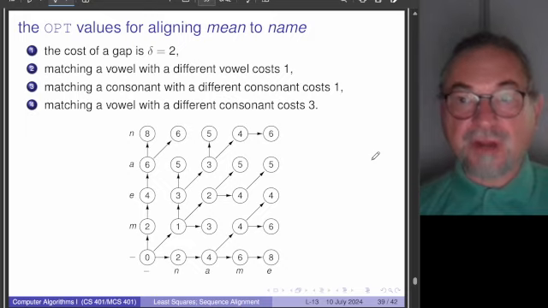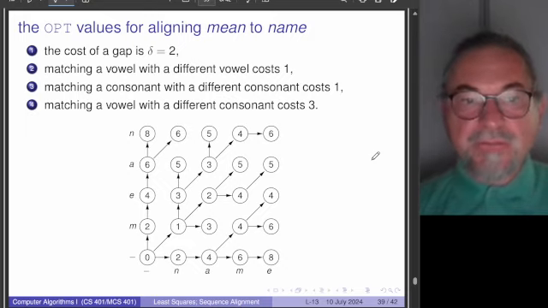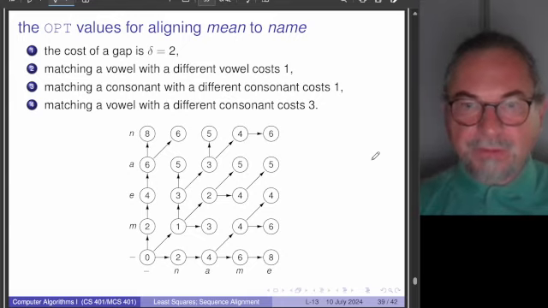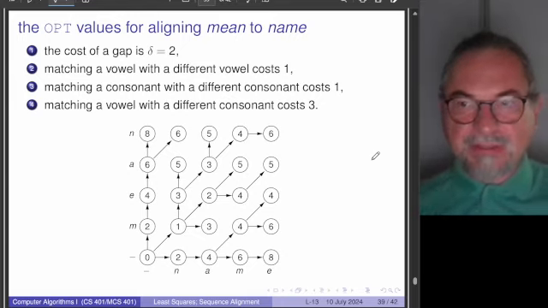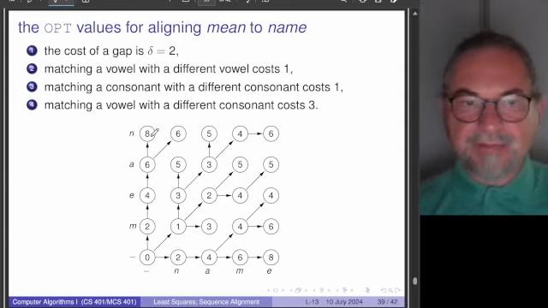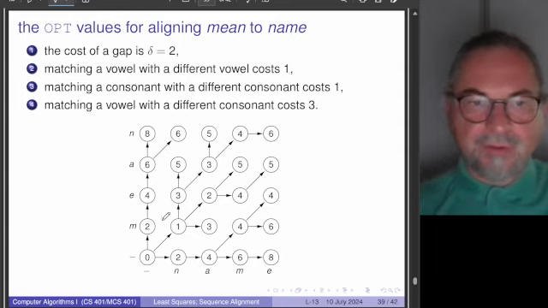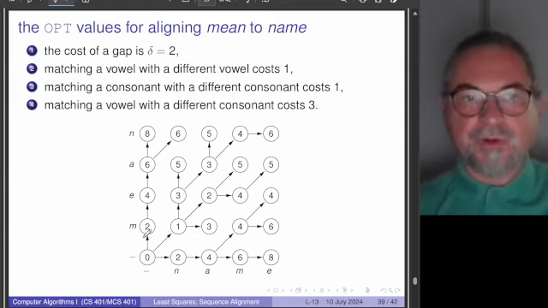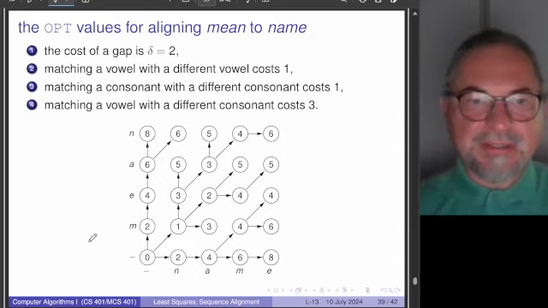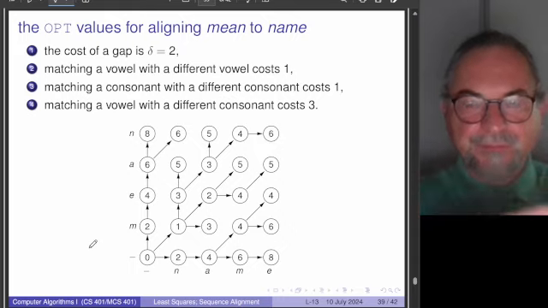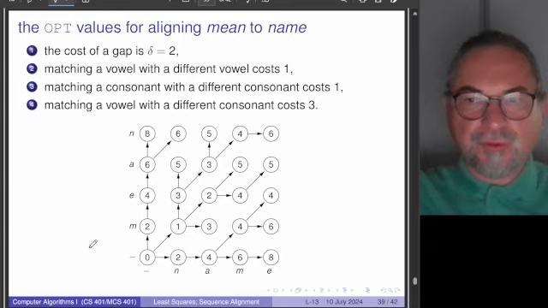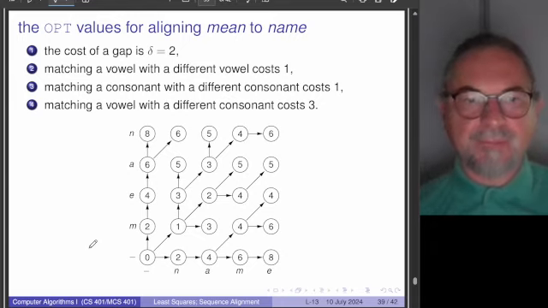So that incurs the highest cost. So if you insert only gaps, then you incur the cost 8 by the 4 gaps that you insert, when you don't want to match anything of the first word, the word mean, which we read first from the bottom left to the top right.